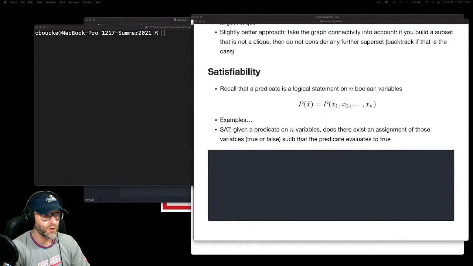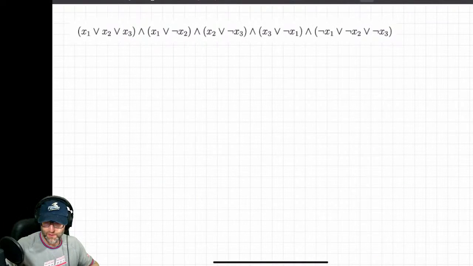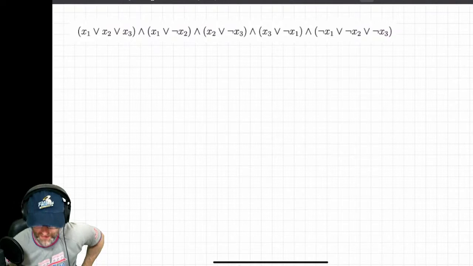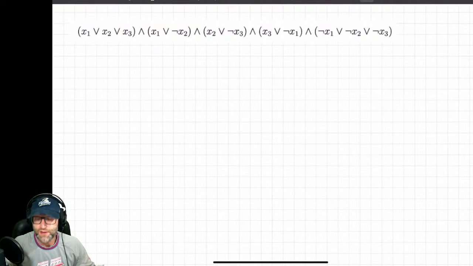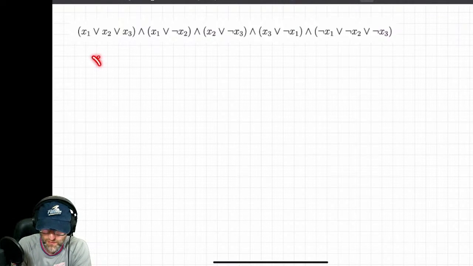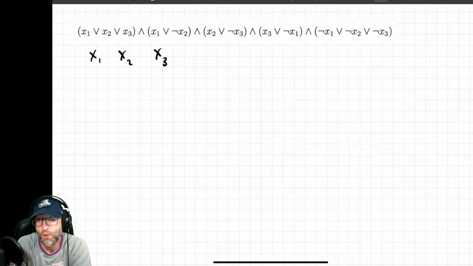Let's go ahead and take a look at that predicate again that we were operating on here. There are three variables here. So to determine whether or not it is satisfiable is akin to drawing out a truth table. So remember, x1, x2, and x3. Each one of these can be true or false. Usually we associate 0 with false and 1 with true.